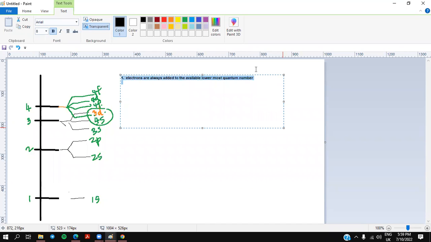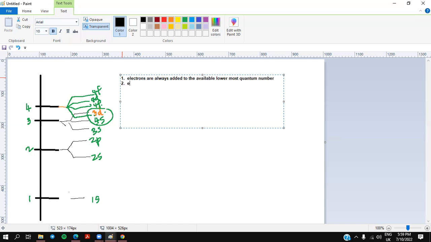It means when you add electrons to an atom, you have to add electrons to quantum number 1 first. And only after one quantum number is filled with electrons, you go to the second quantum number. That's the first point. Electrons are always added to the available lowermost quantum number.